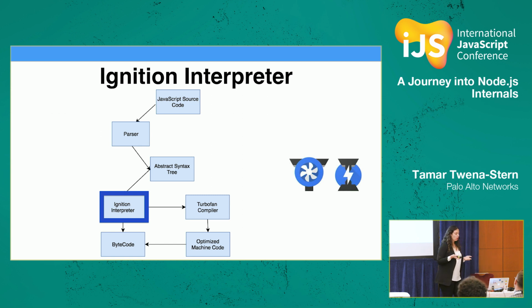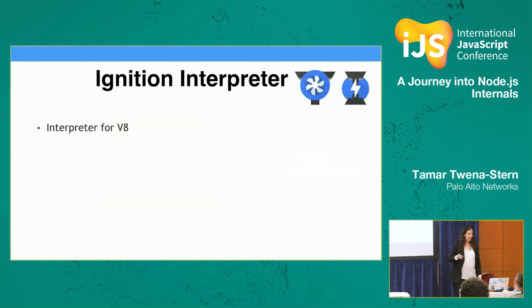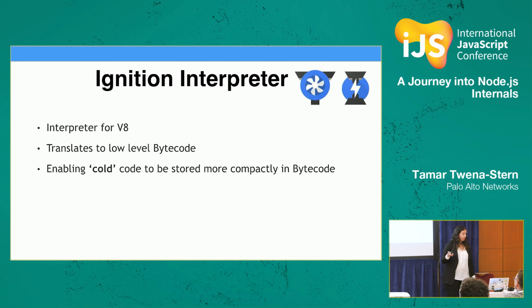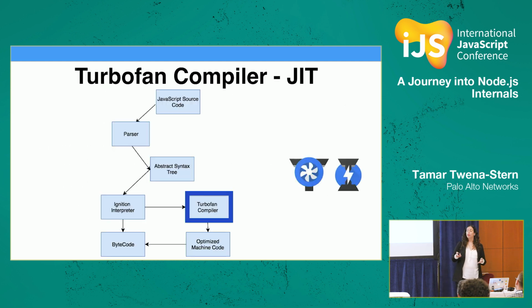I'll go over it very fast. It is an interpreter for V8. It translates to bytecode and is responsible for cold code, not hot code. Cold code is stuff that runs once, as opposed to hot code. And the Turbofan compiler is the compiler that is used on the fly to create a more optimized version of that code.